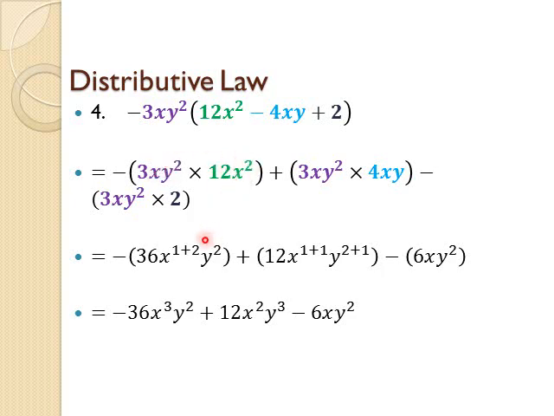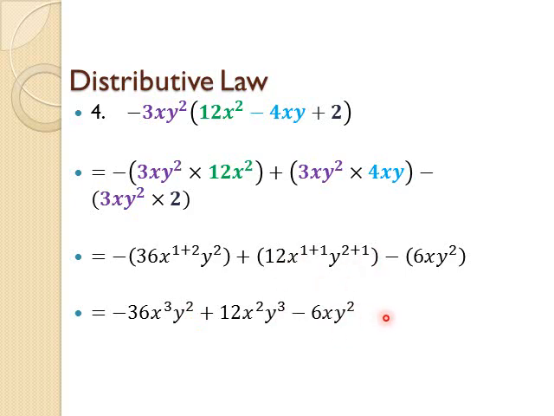So 1 plus 2, y simply stays 2. 3 times 4 gives me 12. X 1 plus 1, y 2 plus 1. For the last one, 3 times 2, I assume you know is 6. Xy squared with a negative. So I have minus 36x cubed y squared, 12x squared y cubed minus 6y squared.